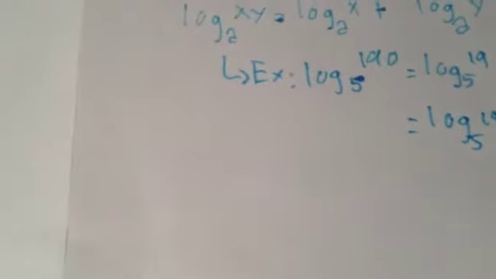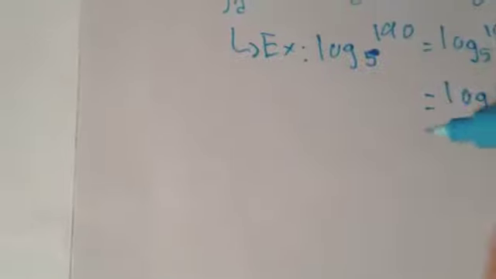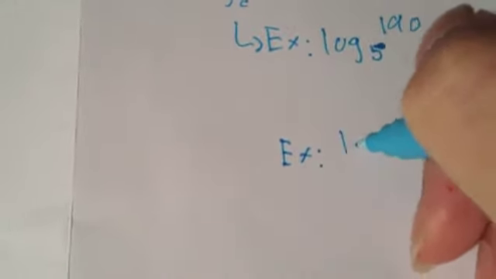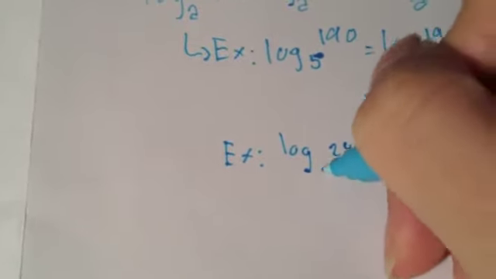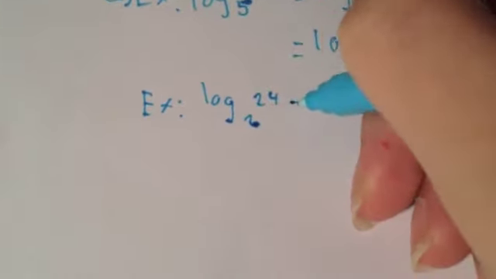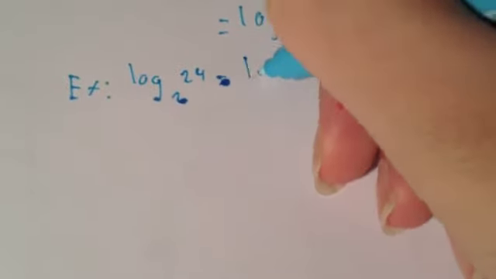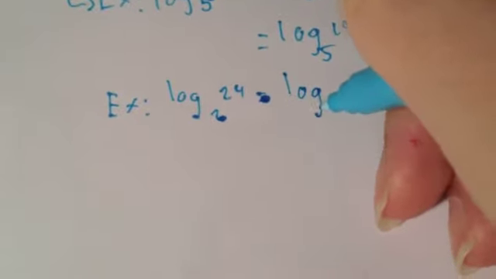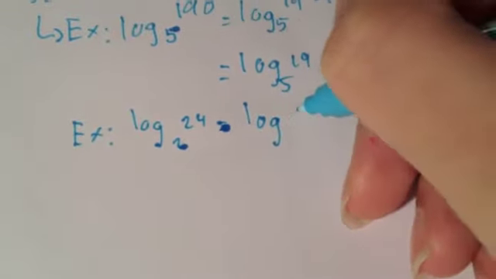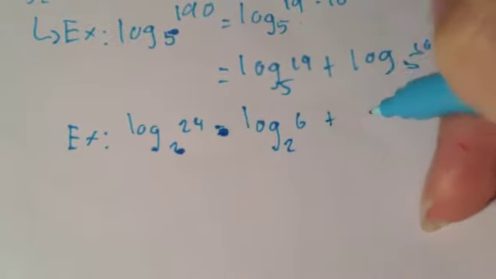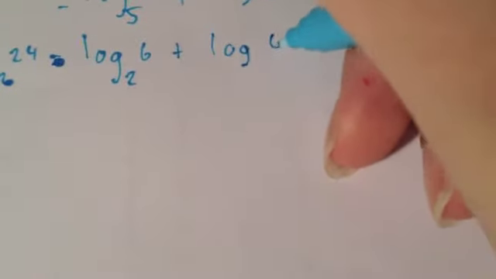See? And another example, so that you're gonna get it crystal clear. Log 24 in base 2 is equal to log 6 in base 2 plus log 4 in base 2.